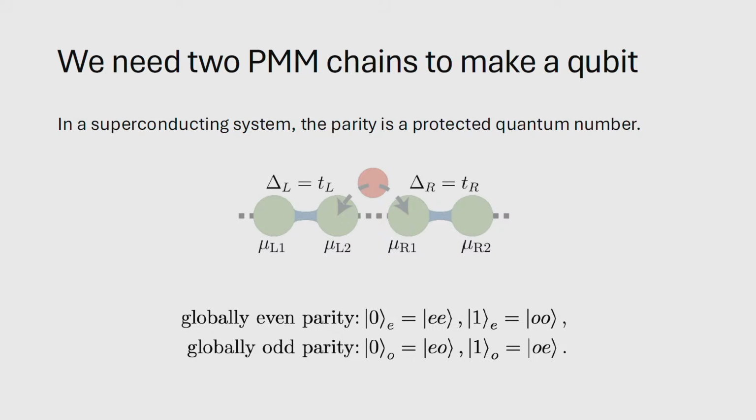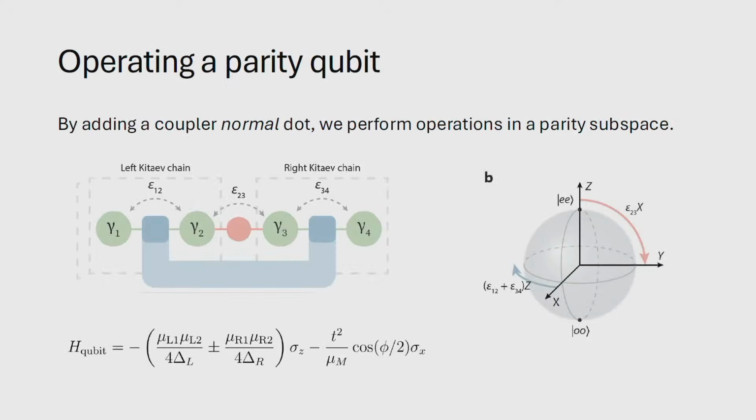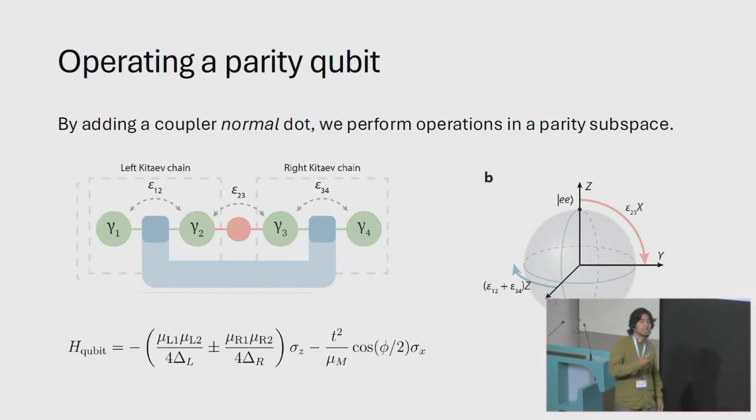And by combining their ground states, we can have even, odd as the qubit states, or the complementary states in the odd parity sector. Once we have this, we define the minimal type of qubit, which involves 2 minimal Kitaev chains with a quantum dot in the middle. This quantum dot will be the only part of the system that is non-protected, but this will always remain empty. It will just be an effective tunnel coupling between the 2 Kitaev chains.